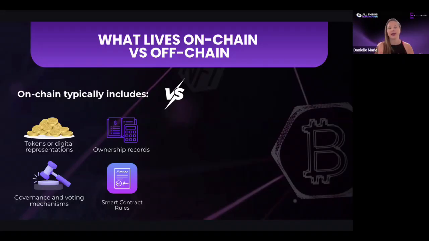There is going to be a governance and voting mechanism, depending on what ecosystem you're involved in, and then the smart contract rules. A lot of these, the smart contract rules, the voting, the governance, are already created before you've actually put the ownership record onto the chain.